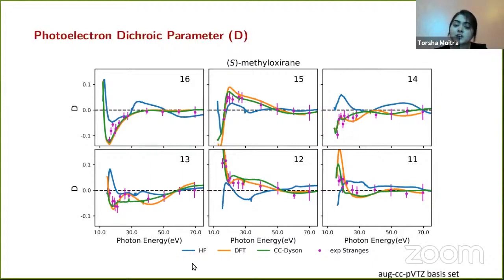The Koopmans' theorem-based Hartree-Fock molecular orbital shown by the blue lines are quite deviated from experiments or are of completely opposite sign. DFT performs better, but sometimes, like in the case of the ionization from the 11th molecular orbital, it shows larger deviation, whereas coupled cluster Dyson orbitals are almost always within the experimental error bars.